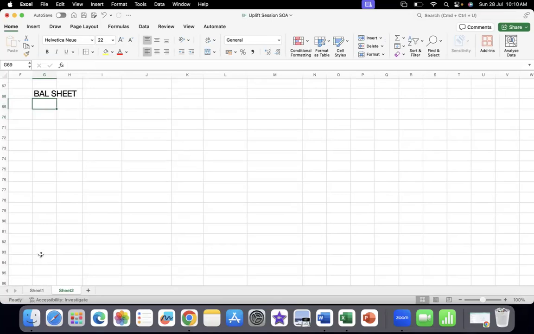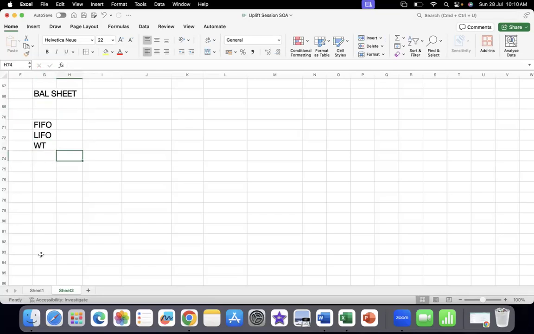Once you have the values with respect to your FIFO, LIFO, weighted average, whichever method you are using, you get a value from that. And once you get that value, will you be able to put it into your books of accounts? The answer is no. Before that, you will have to make another comparison. So the method is like this. Identify your methods, that is FIFO, LIFO, and weighted average.